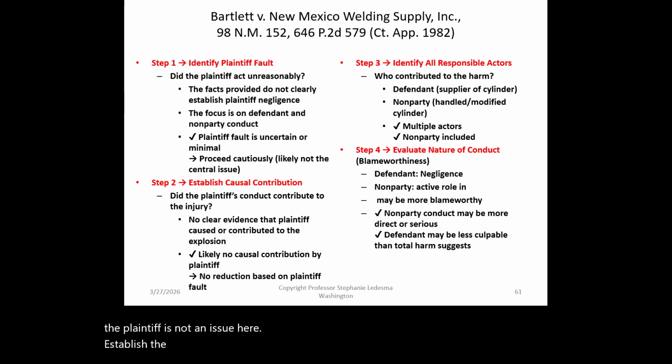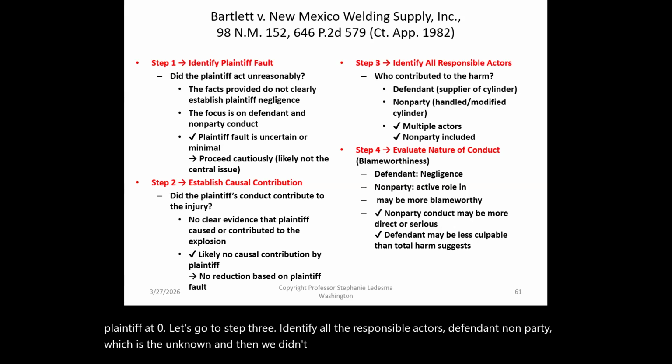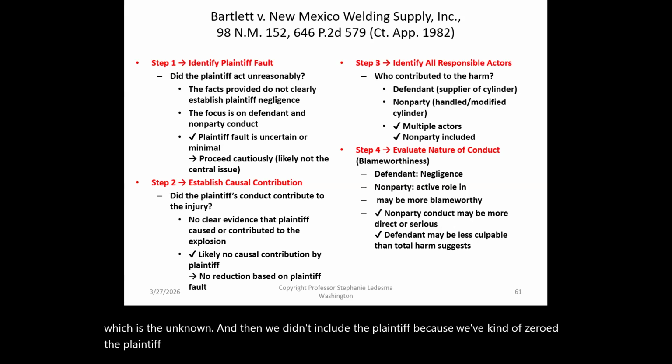Establish the causal contribution. Again, likely no causal contribution because we got the plaintiff at 0. Let's go to step 3, identify all the responsible actors: defendant, non-party, which is the unknown, and then we didn't include the plaintiff because we kind of zeroed the plaintiff out, right? The defendant's negligence, the non-party's negligence, right?